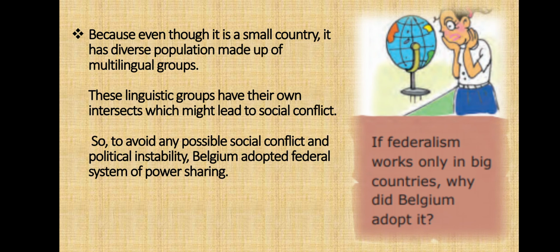So to avoid any possible social conflict and political instability, Belgium adopted a federal system of power sharing. Very simply, power sharing, federalism, vertical power sharing. All sorts of power sharing reduce the chances of conflict.